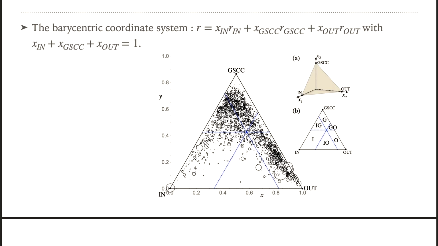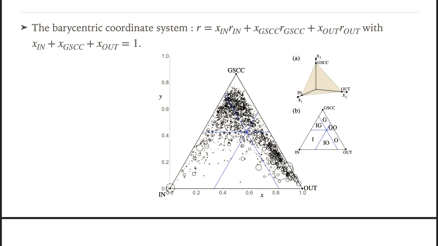Next, we try to show further the composition of the communities in terms of this walnut structure, again using this barycentric coordinate, which you know. So, we use this plane and this in component. This is the fraction of firms from the in component, the fraction of firms from the GSCC, and the fraction of firms from the out component. So, their sum is a total of 1, and if you take the average expectation, this point is the average expectation.